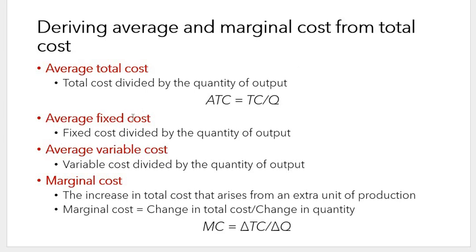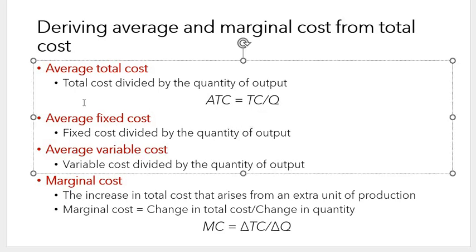And average fixed cost, AFC, would be, you can write it here, AFC equals TFC divided by output quantity.